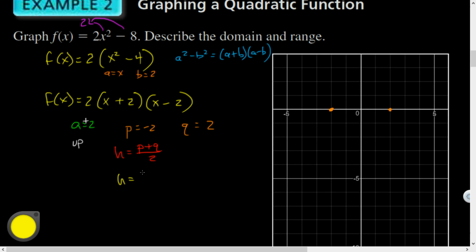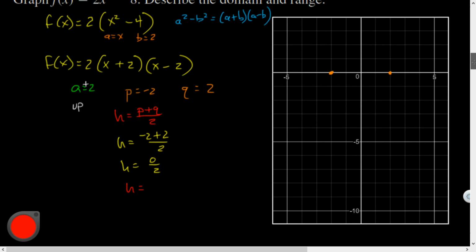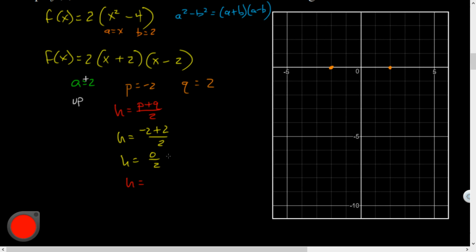So h is going to equal negative 2 plus 2 divided by 2, which is 0 divided by 2. What's 0 divided by 2, friends? Zero, right? Notice visually, the axis of symmetry is also going to be x equals that h value, 0.